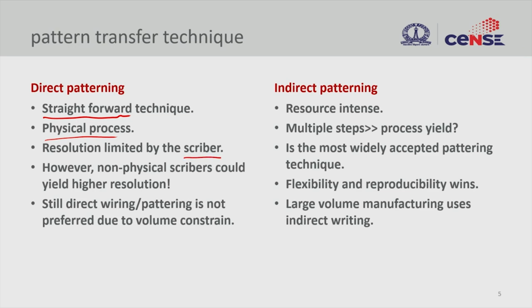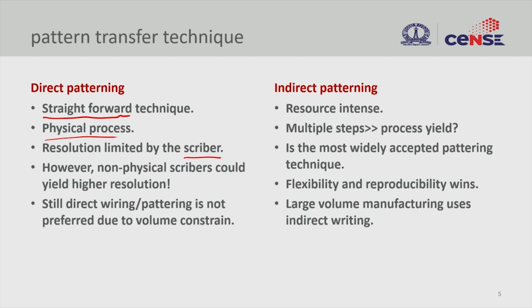This is similar to writing, right? If I give you a pencil and then ask you to draw the thinnest line, right? So the thinnest line can be drawn by using the sharpest of your point, right? So you have to make the lead very sharp to draw very fine lines. Similarly, the scriber that you are going to use should be very sharp.